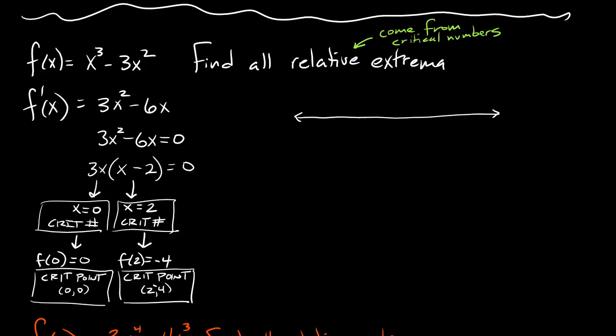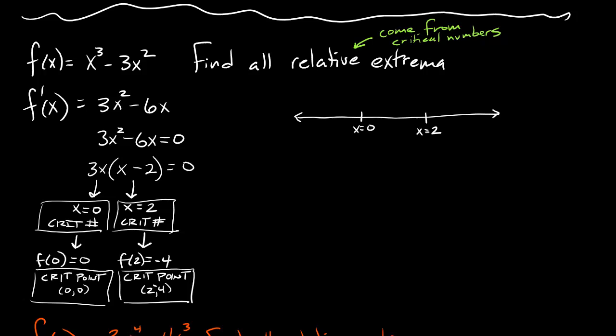So I usually try to write a number line just because for me it's easier to visualize. And on the number line, I will write the two critical numbers. And the whole reason I'm doing that is because my critical numbers break up where my graph goes from increasing to decreasing to increasing. It's the critical numbers that tell where your graph changes direction.